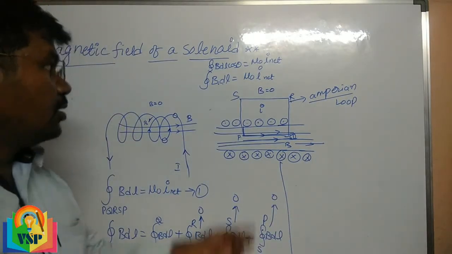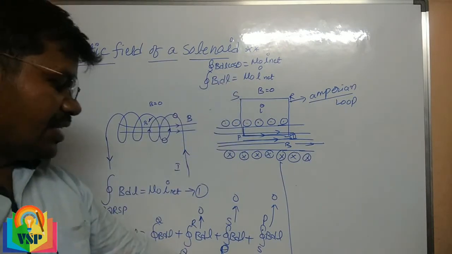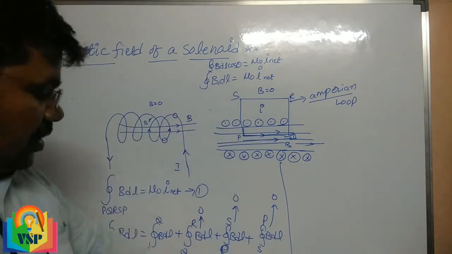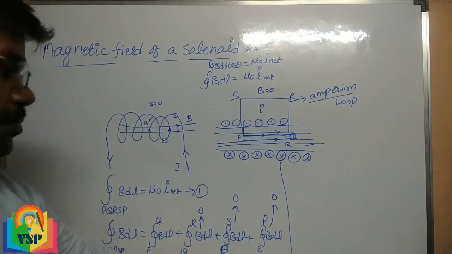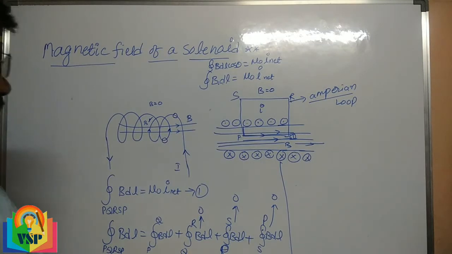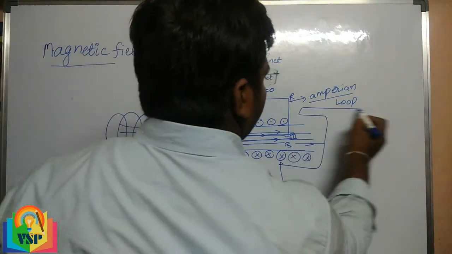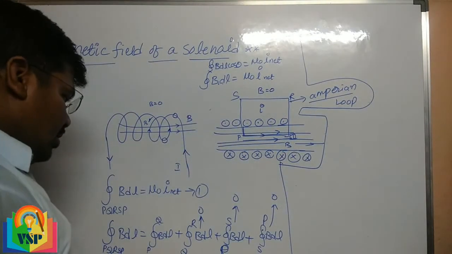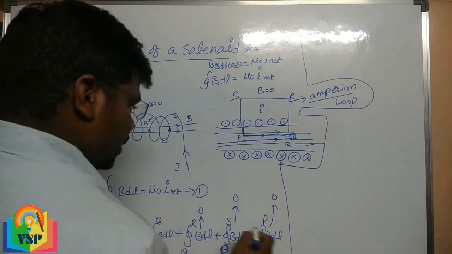Why? B dl cos 90 degrees is 0. Here the angle is 180 but the B value is 0. So this total part becomes 0.